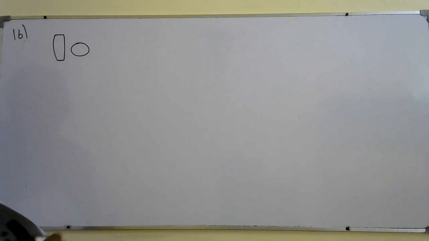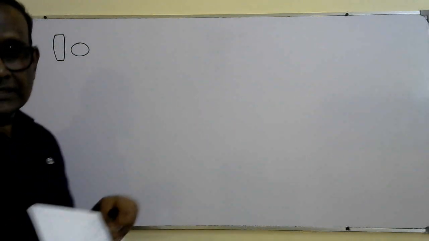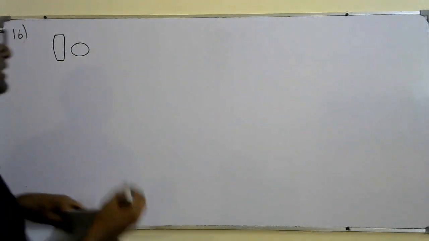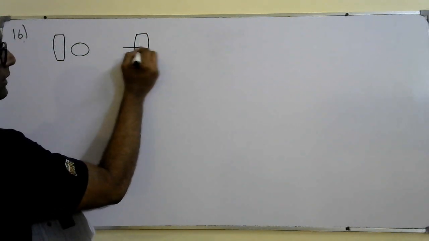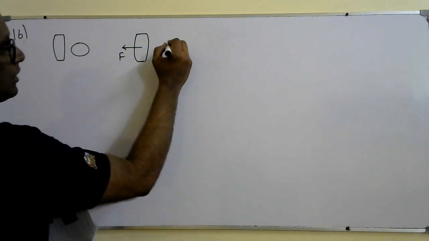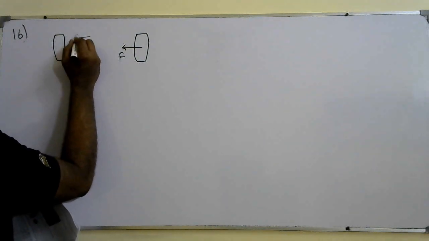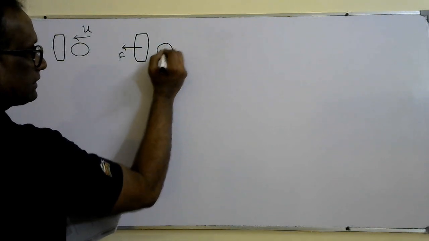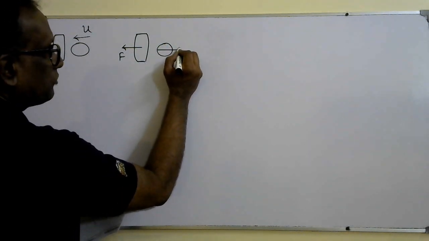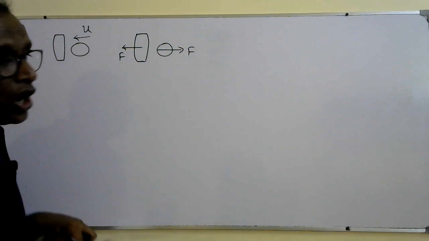Before collision, the skittle was at rest. During collision, it is going to experience a force in the direction of motion, this way. The ball was moving in this direction before collision, u. During collision, the ball is going to experience the same magnitude of force according to Newton's third law, in the opposite direction.